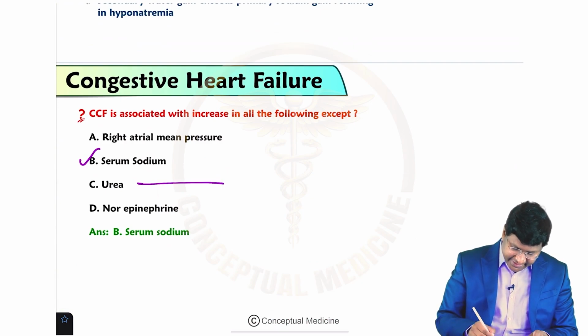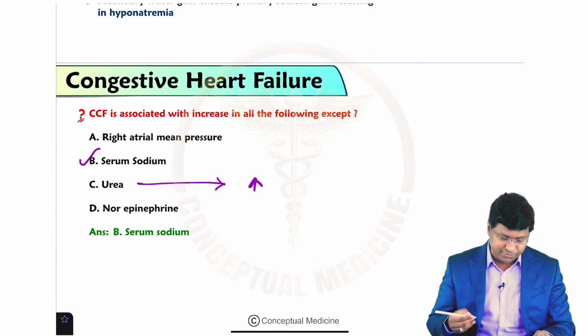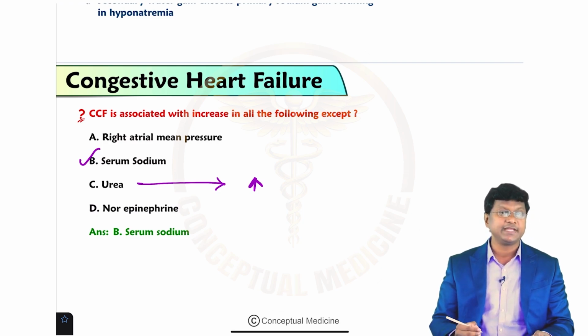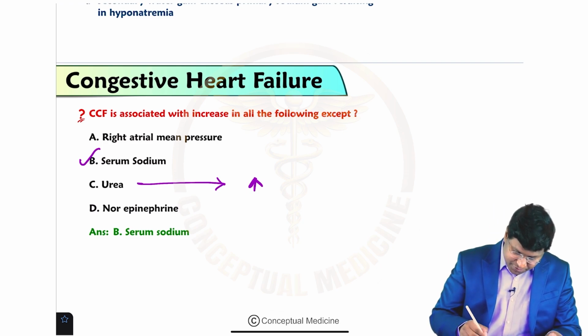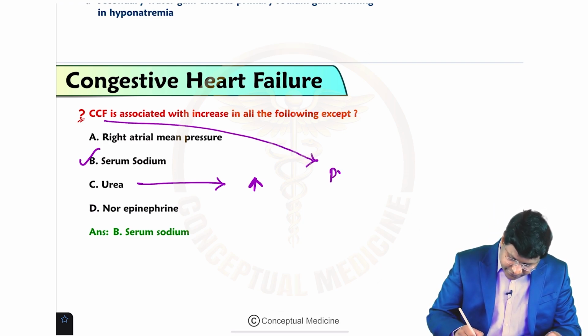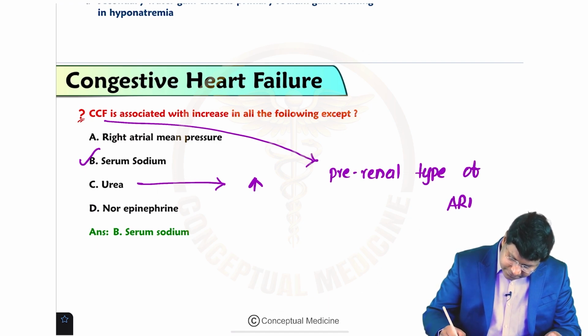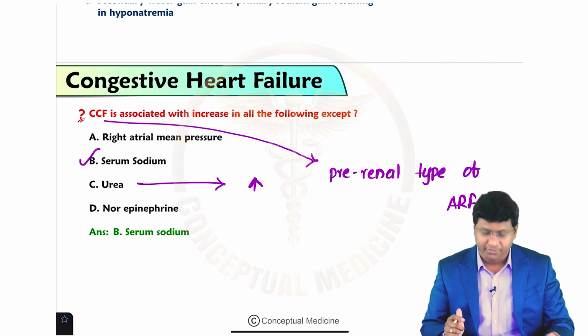Now why will the urea be elevated in patients with congestive cardiac failure? Because in patients with congestive cardiac failure, there will be development of pre-renal type of acute renal failure.